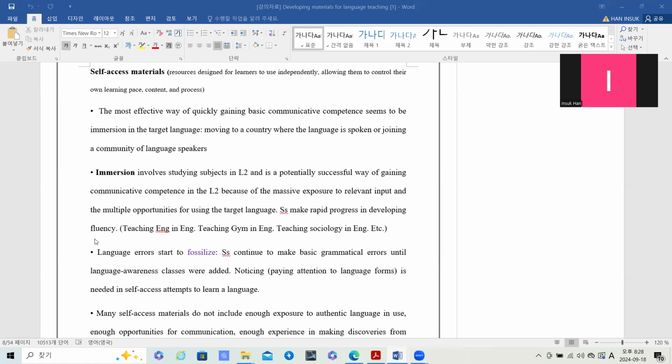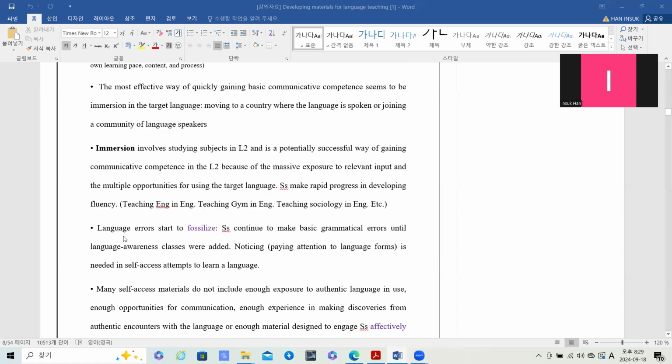So you can improve fluency, but your friends or your teachers may not modify every error you make. So, see the next paragraph.